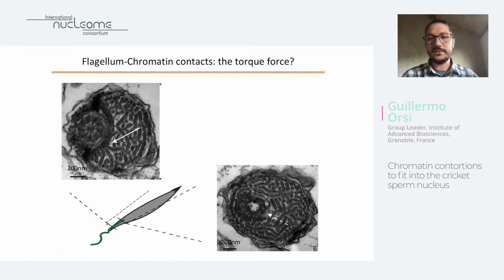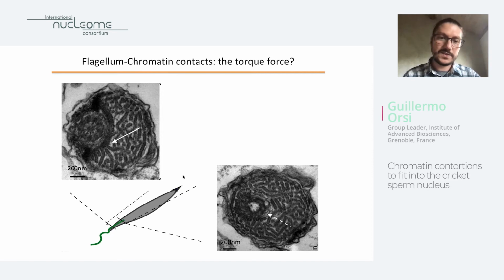And at intermediate sections of the cell, if we do a section in the body of the nucleus, we can see that the flagellum is really penetrating inside the nucleus. So there is a point where it's completely surrounded by chromatin. We have no proof of this, but it's reasonable for us to think that because the flagellum is twisting, its torque could be applying a force to the chromatin fiber that makes it twist on itself and ultimately brings just the final punch to the ultra compaction of the sperm.